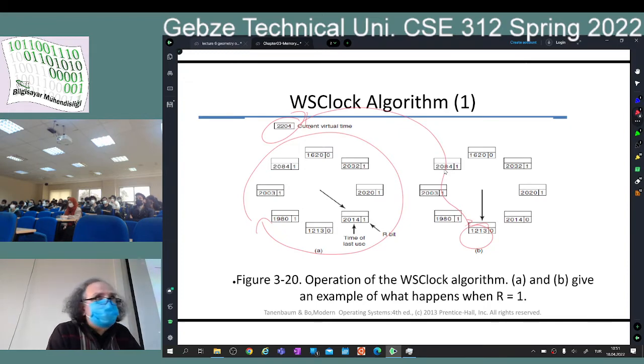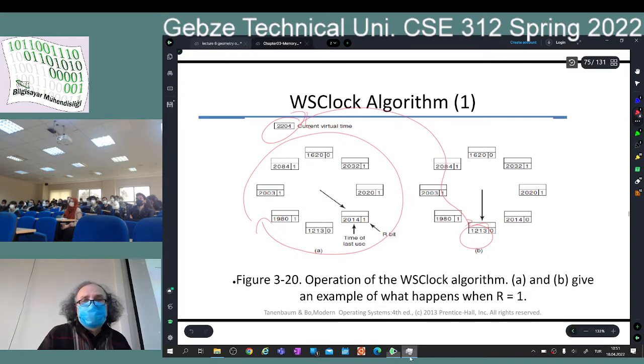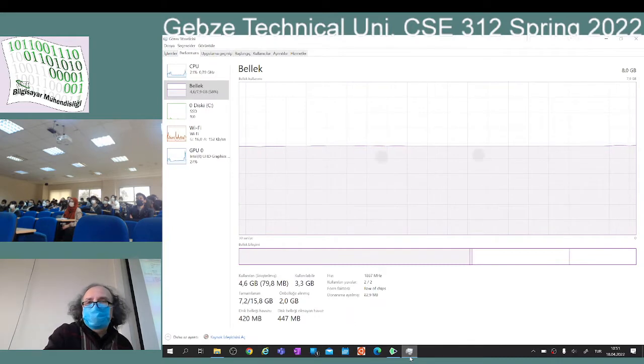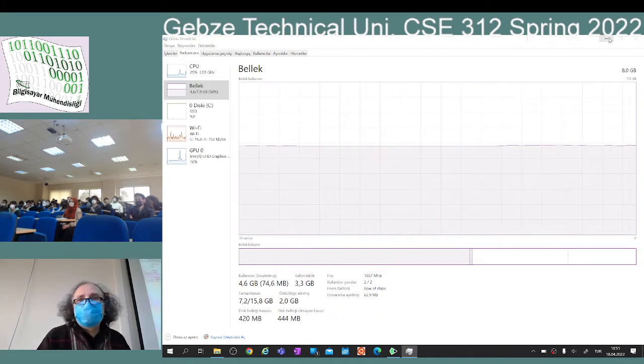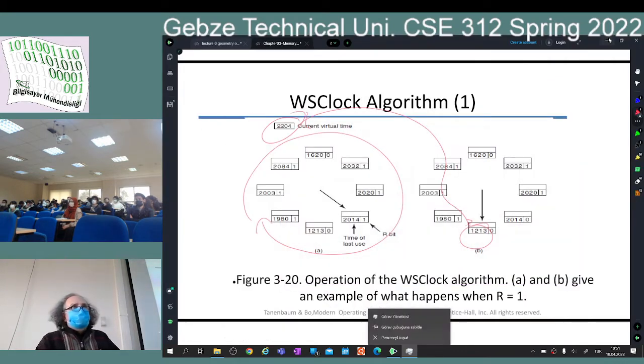But again, as I said before, with demand paging this rarely happens because demand paging always keeps some pages available. See, almost 50% of my memory is available. So whenever a page fault occurs, the system has lots of available pages to use.